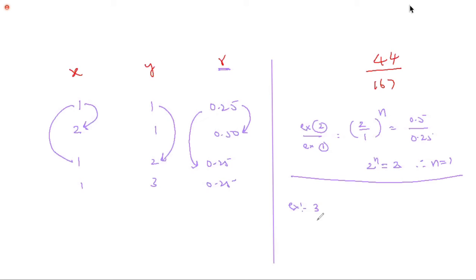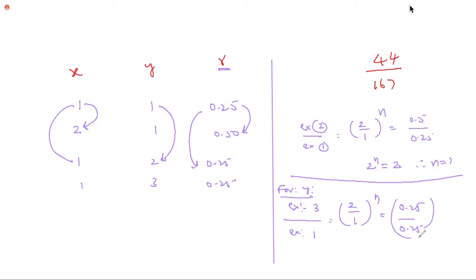So if I write experiment 3 by experiment 1, the y concentration is 2 by 1 to the power n, and the rate becomes 0.25 and 0.25 only.